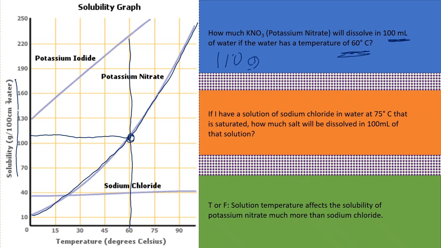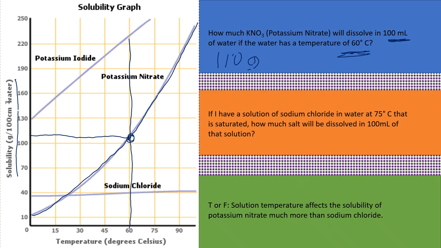So if you had 100 milliliters of water and that water had a temperature of 60 degrees Celsius, you could dissolve about 110 grams of potassium nitrate in it before whatever extra you put in there would not dissolve any longer.